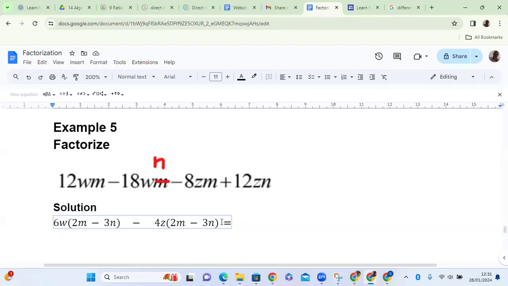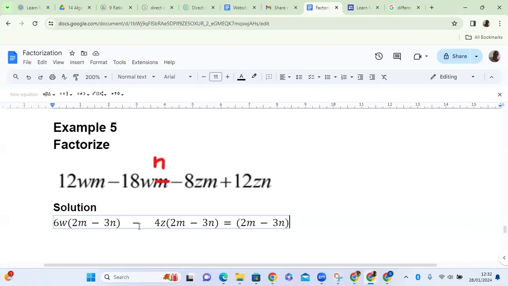So we're going to factor out that whole coefficient, 2M minus 3N, the highest common factor, because when you put 2M minus 3N in a bracket, it makes it 1. That's one entity, if you want to put it that way, a coefficient multiplying, common to those two terms.